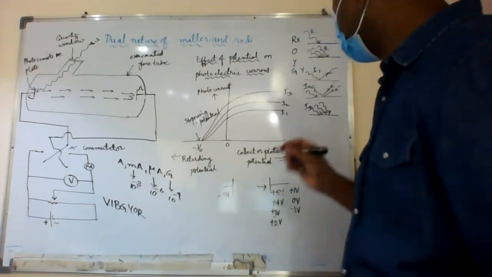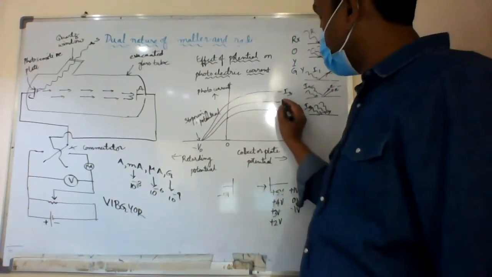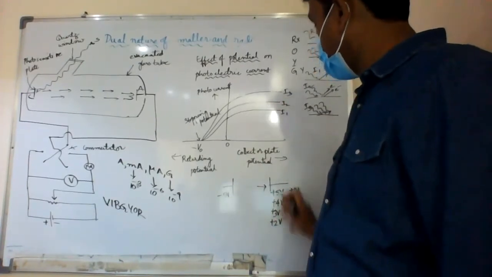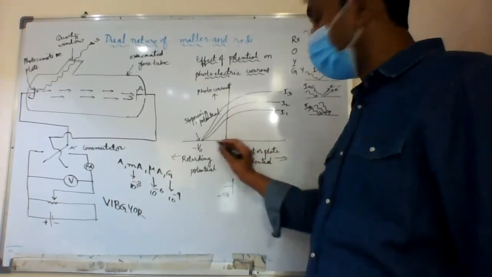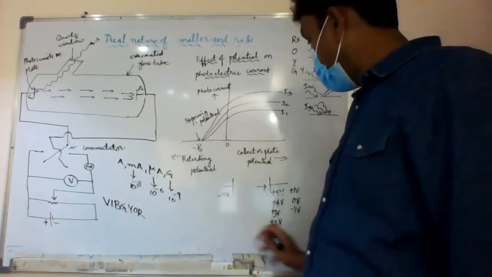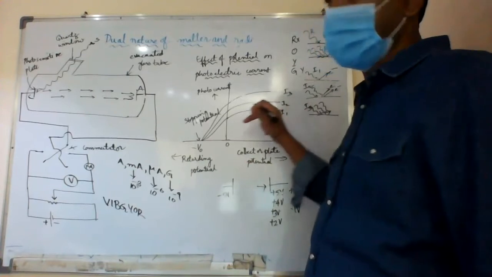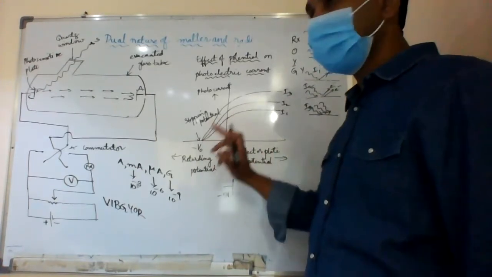Now take the second intensity. Again, start reducing the potential voltage. At zero, it is again receiving the electrons. But when you make it a little negative, it meets at the same point where the first intensity met. The third one also, we do the same experiment, and again it came to the same point.